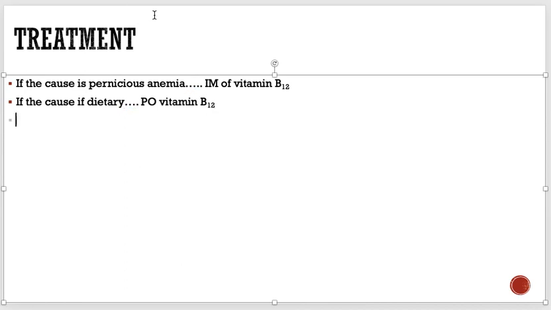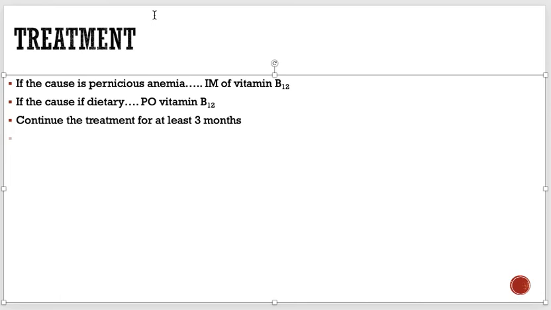Okay, and we continue the treatment for at least 3 months, simply to make up the deficiency of the vitamin B12.